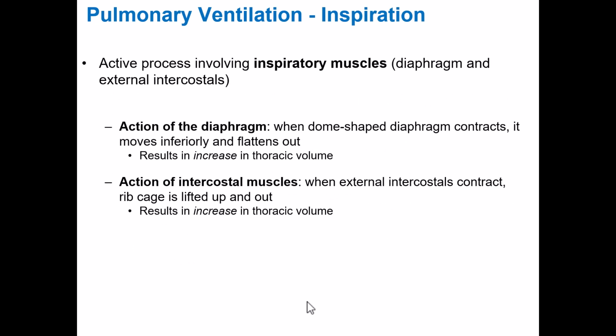So when you are doing quiet inspiration or inhalation, you're probably doing that right now. You're just normally breathing in and out. You're not thinking about it. When you are breathing in, there are muscles that are being activated, namely the diaphragm, which is that muscle right under the lungs, and your external intercostals. Those are all contracting.